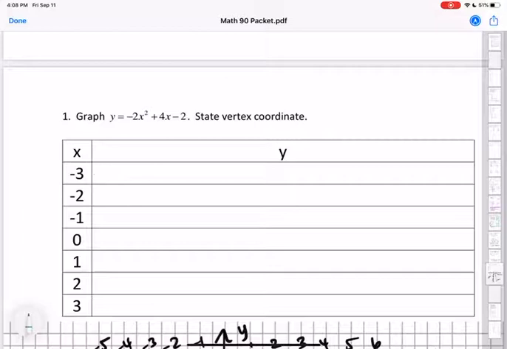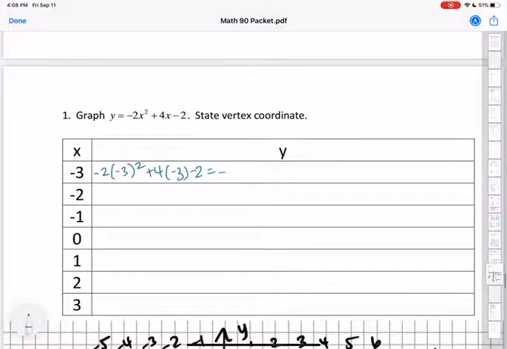So I have negative 2, and then instead of x, I'm going to put negative 3 squared, plus 4 times x, I said, is negative 3, minus 2. If I simplify that, I have negative 2 times 9, right? Because remember those exponents only apply to what is in those parentheses, and you would do that first in order of operations before you would multiply.